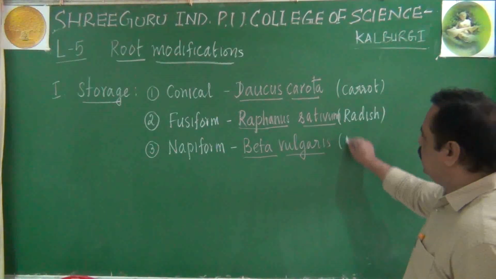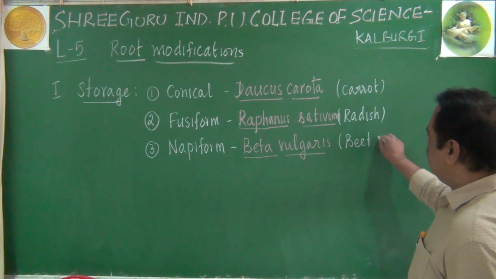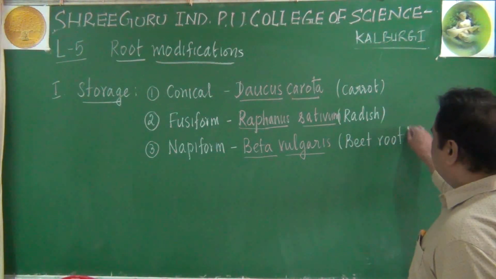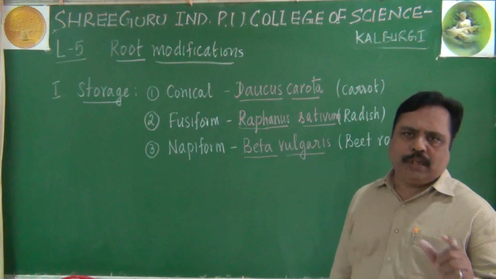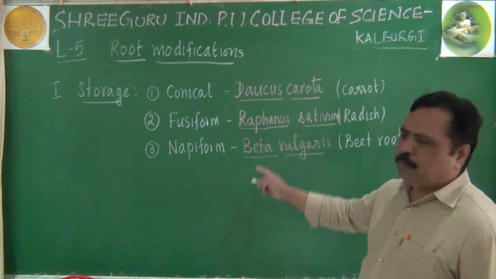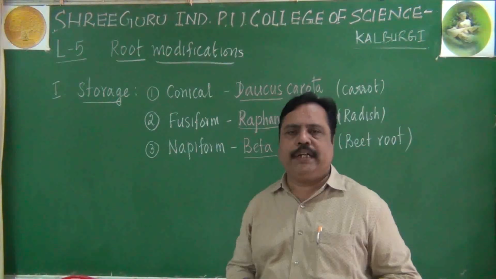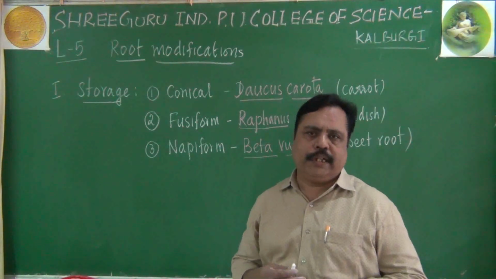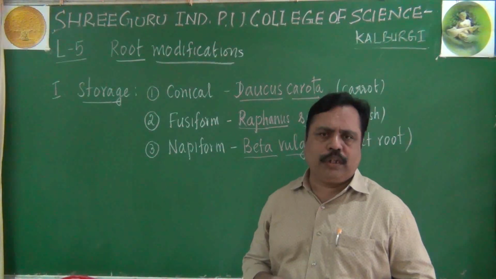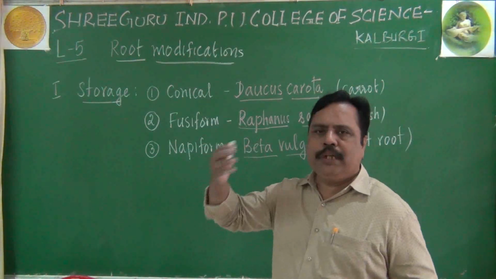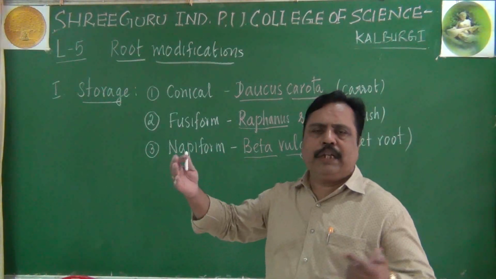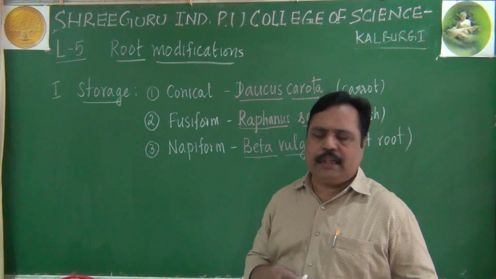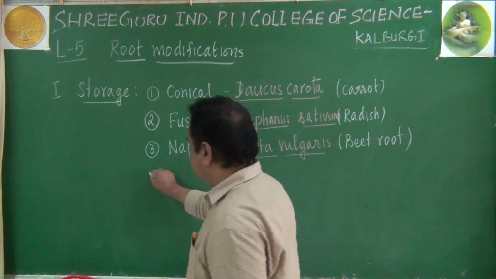It is commonly called beetroot. In all these things we come across taproot modification. They are all taproot which will store the food material for future use. Why should they store the food? For overcoming unfavorable season and for using them when there is no food availability. So that is the next modification.